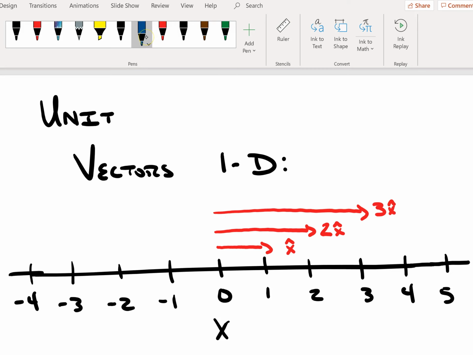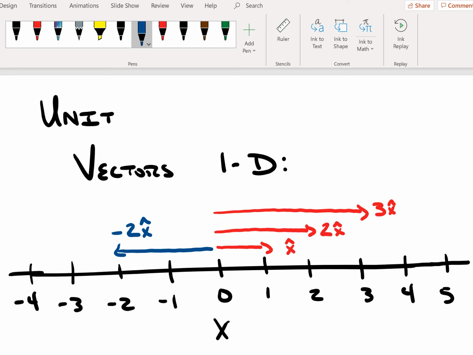I may choose to move -2 times. Negative being a direction, 2 being the number of times, and then the unit vector. So the unit vector gives us the size of the step and the direction of the step. And then we have positive and negative versions depending on which direction we're going on the axis.